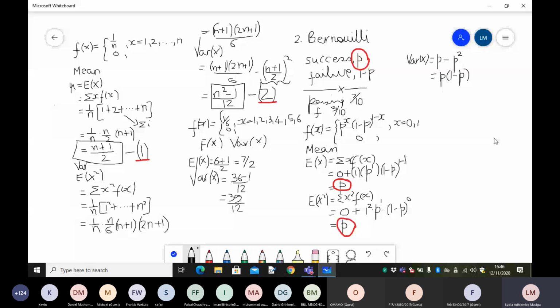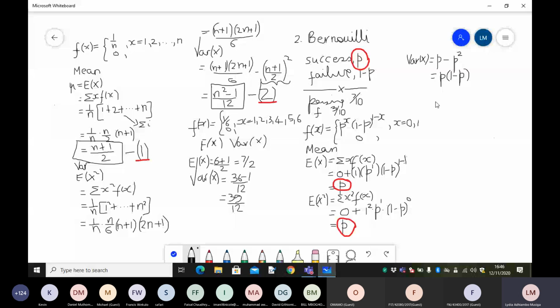Define success as selection of a good item. Then compute expectation of X and Var X.